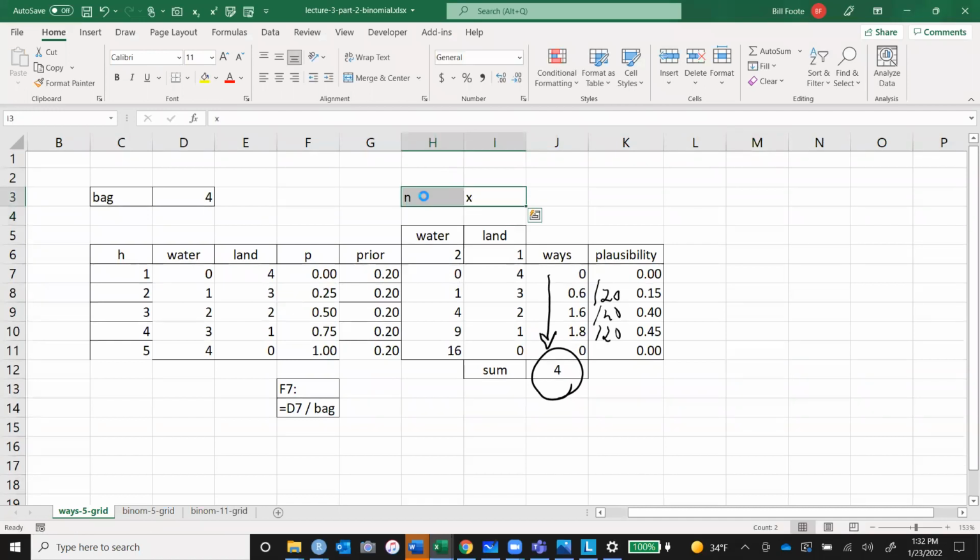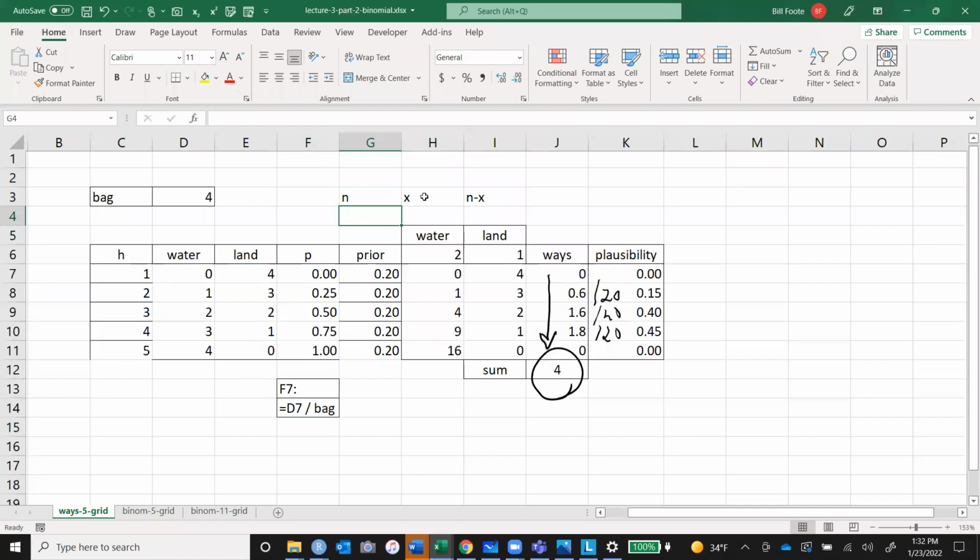Let me move these over here, actually. There we go. This will be N minus X. And now these will correspond to the water and land categories.